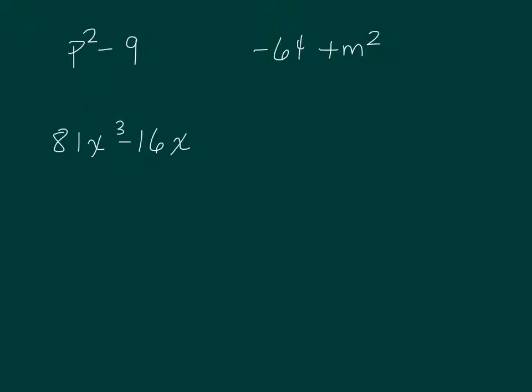Okay, let me let you try these on your own. We'll try p squared minus 9, negative 64 plus m squared. Let's try 81x cubed minus 16x. Let's try 16a squared minus 9b squared.